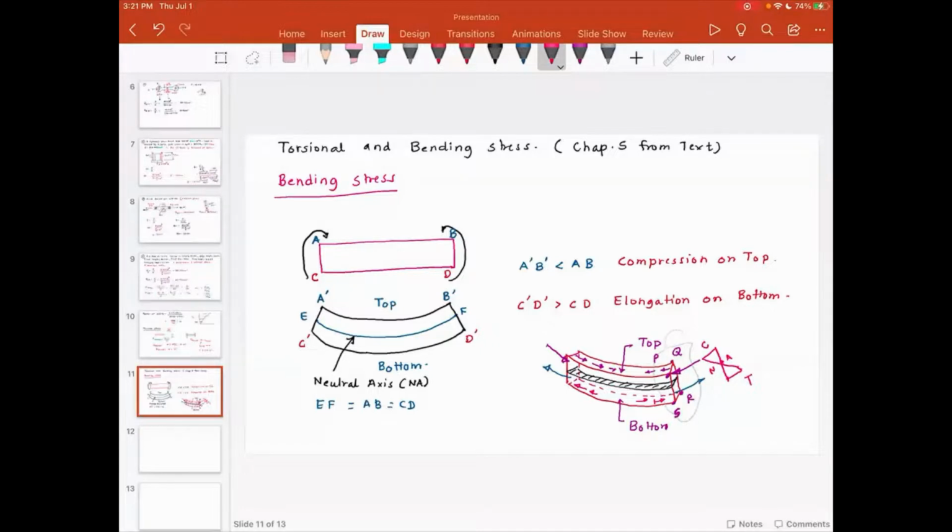And the equation that we use to solve the bending stress problem is given as M divided by I is equal to sigma divided by Y is equal to E divided by R. What that means is M is the bending moment, I is the moment of inertia, sigma is the bending stress, and that bending stress could be tensile or compressive.